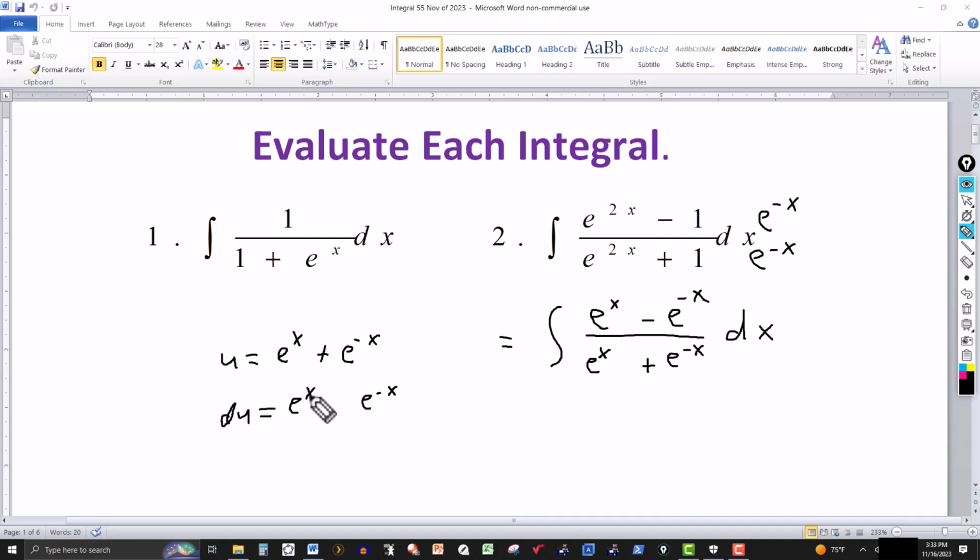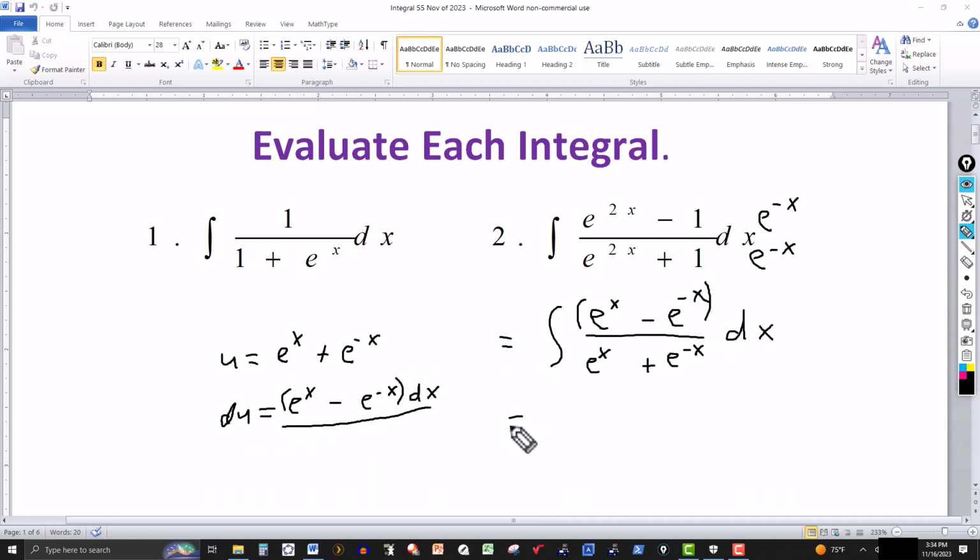Now you can do it over for the first one, but the derivative of x is 1, so it doesn't affect it. But it's negative, so this will be a minus here. So we'll get that, and this will be dx. So now look at the numerator. Look at this as the product: e to the x minus e to the minus x dx, that's this expression right here, which is du.